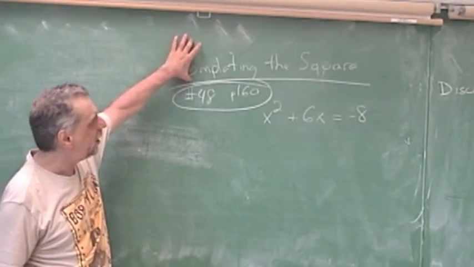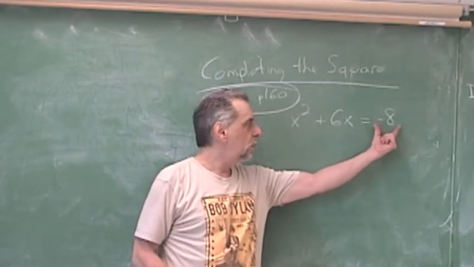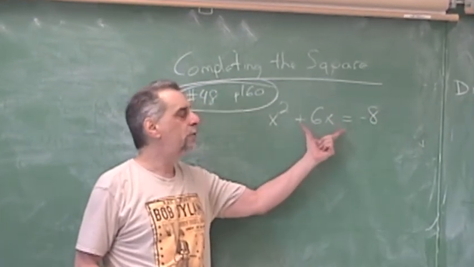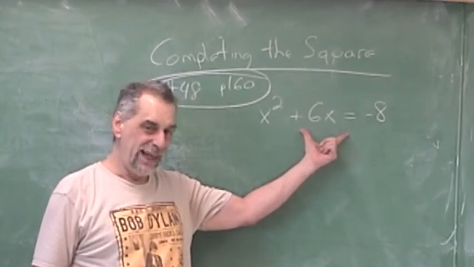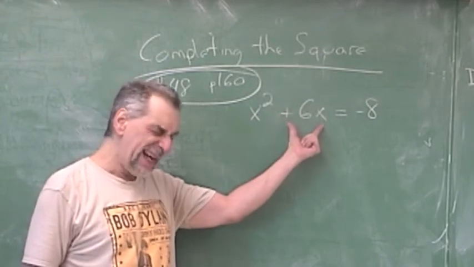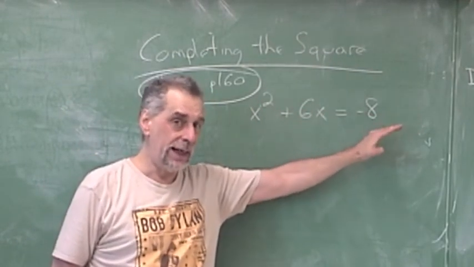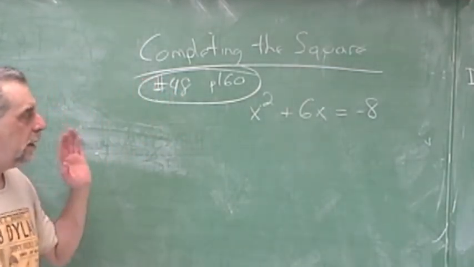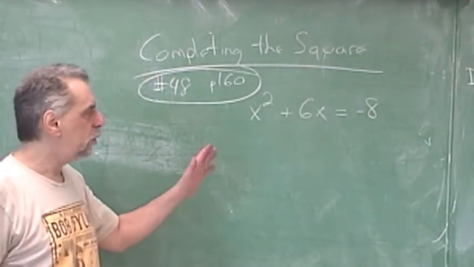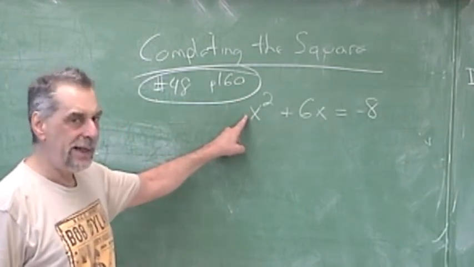For this method, we're going to put that c value on the other side. Okay? So this is the form you want to start with when you're completing the square. You want the ax squared term and the bx term on one side, and the constant term you want to put on the other side. And another caveat here, and we'll do an example of this next, but in front of the x squared has to be a 1.